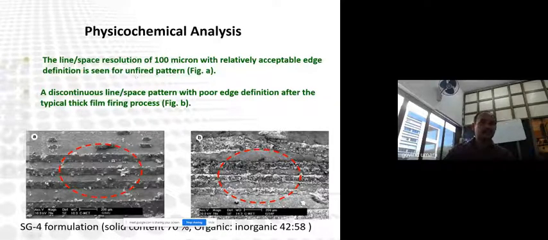But when we fired it, since it contains less solid content in the composition, we got very discontinuous lines and spaces with poor edge definition after a typical firing process.